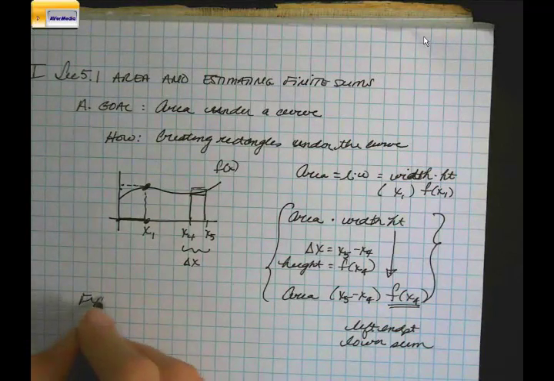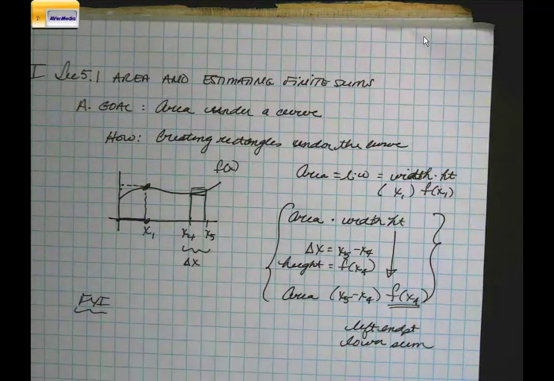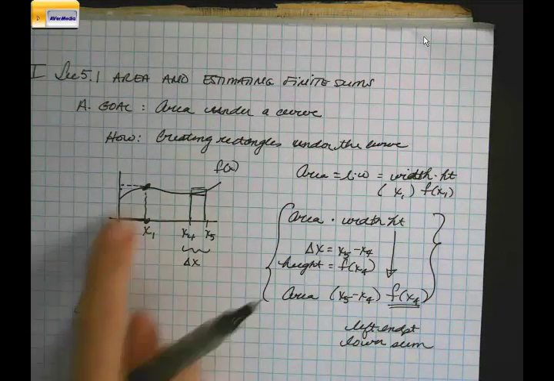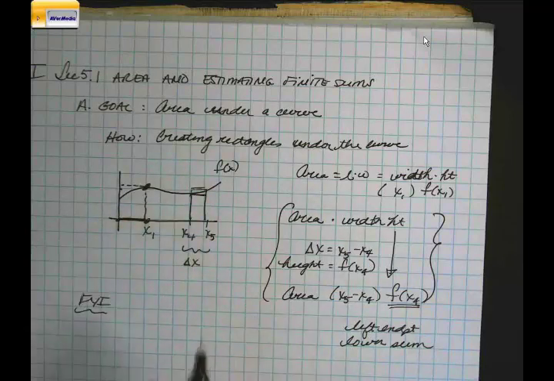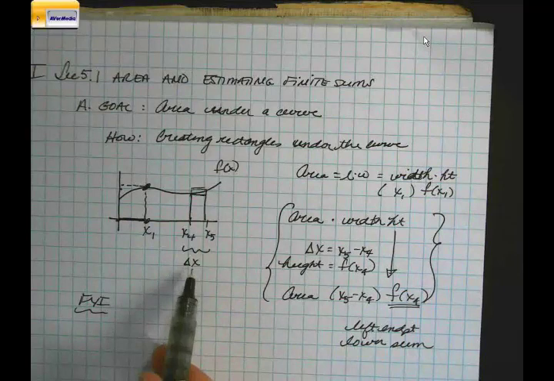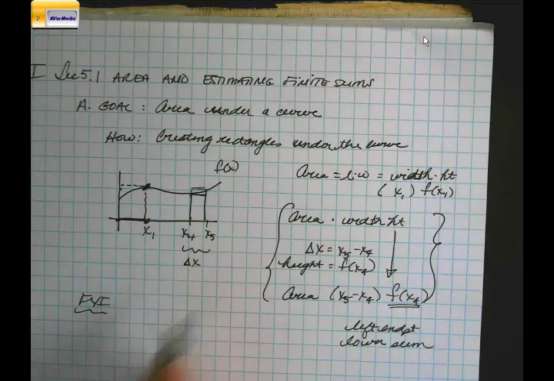But something that we need to discuss about these areas is that the accuracy of our area under the curve, our accuracy in making all these rectangles and adding them up, is dependent upon how wide you choose, or how large you choose, delta x to be. The goal really is to have this delta x as small as possible in order to get accuracy in the area under the curve.